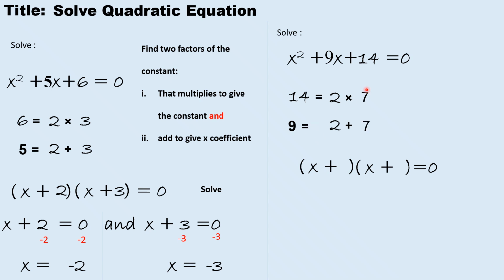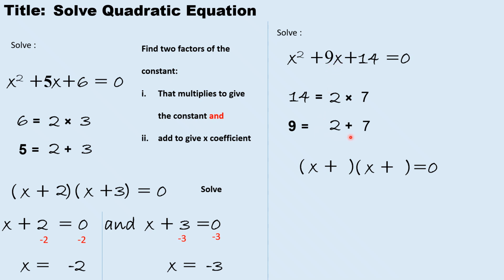So remember, two numbers that multiply to give 14 should be factors of 14, and those factors should add to give you 9, the coefficient of x, the number multiplying our x.